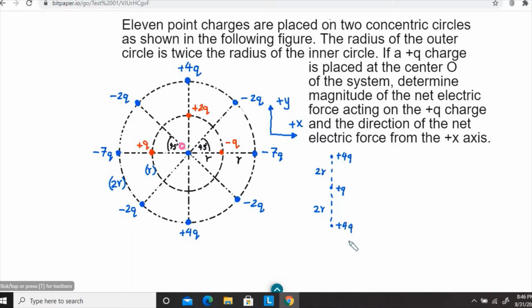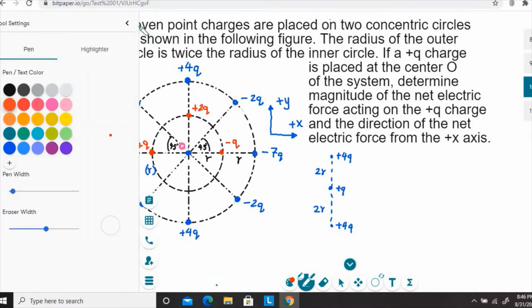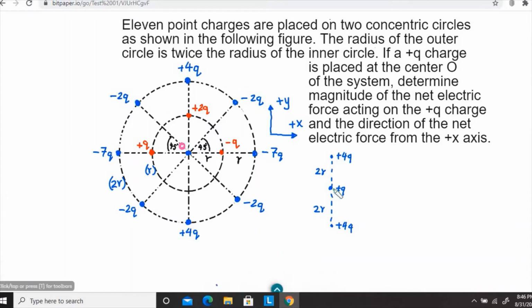Now let's look at the forces acting on the center charge due to these two plus 4q charges. I'm going to represent the forces by a different color so that it's more clear to you. So these two charges are equal sign.